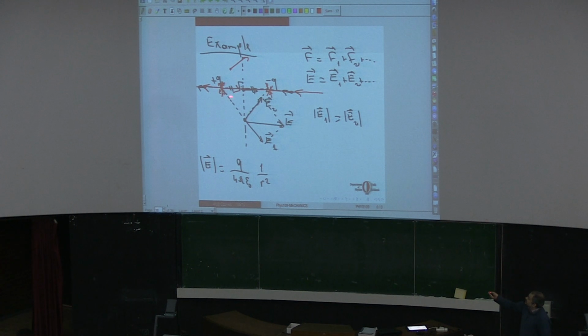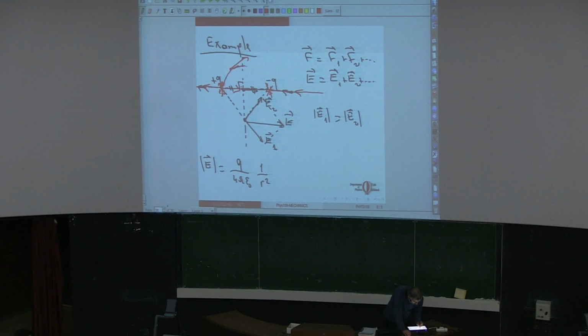Well, this already gives me an idea of how the electric field lines should look. They should start radially outward. They should bend towards the minus charge. When they reach this line, they should be horizontal. And then they should bend towards the negative charge. And when they reach the negative charge, they should be radially inward. So if you just draw the electric field lines, they should look something like this.